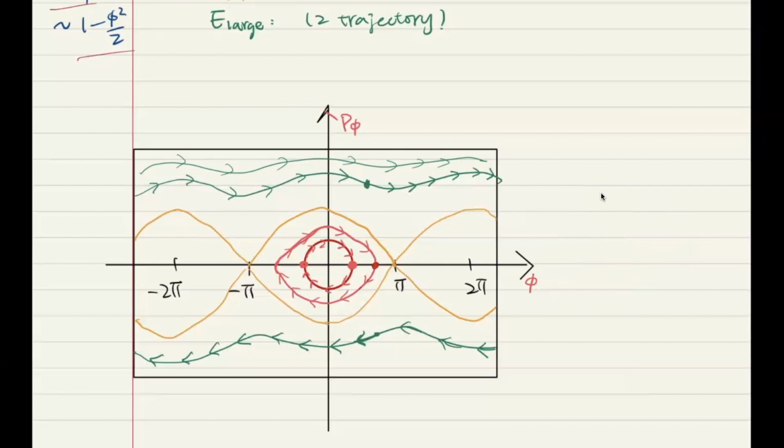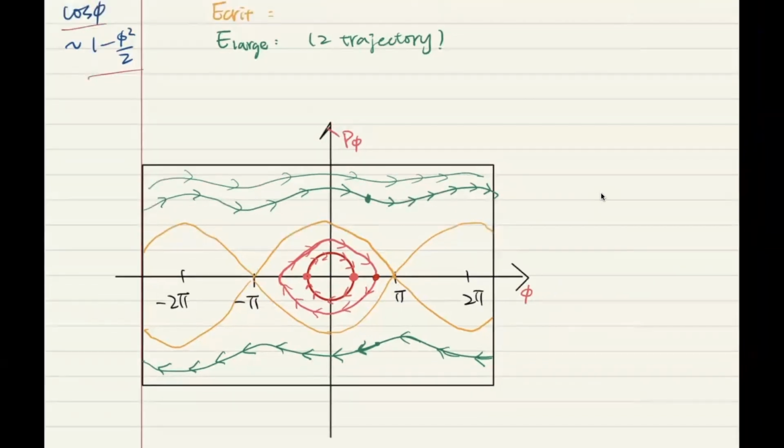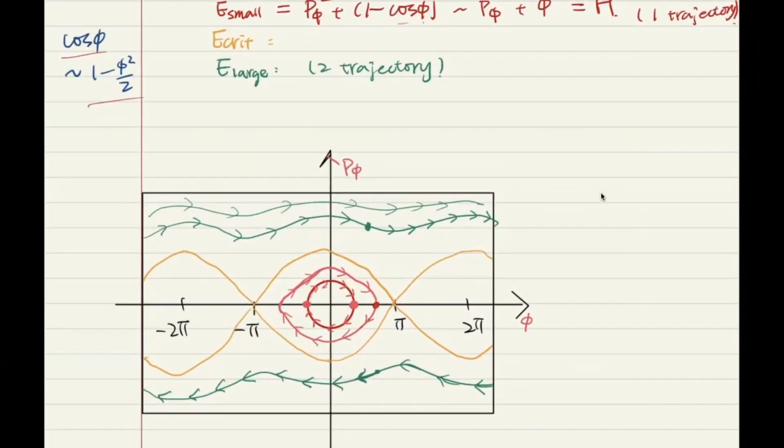All right, but there is an exception. That exception is happening at the critical point. As we tune our energy from small to large, we can see that the trajectory for that energy will go from one trajectory to two trajectories. So there will be a sweet spot. There's a critical point where 1 becomes 2.